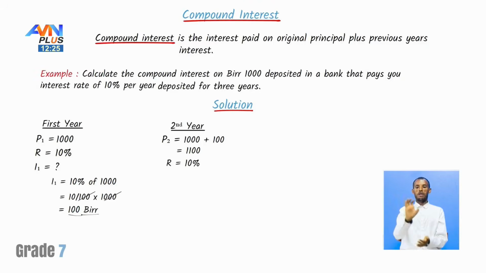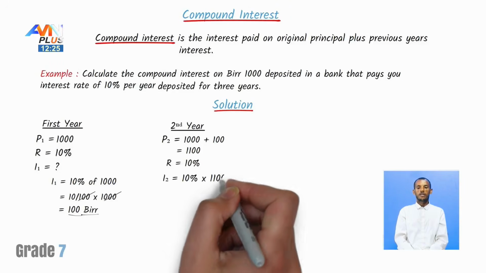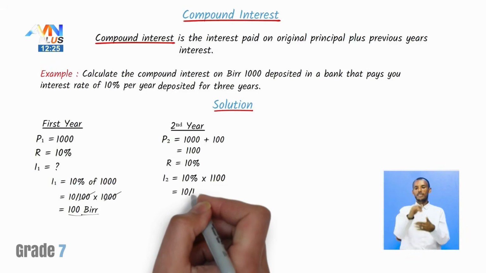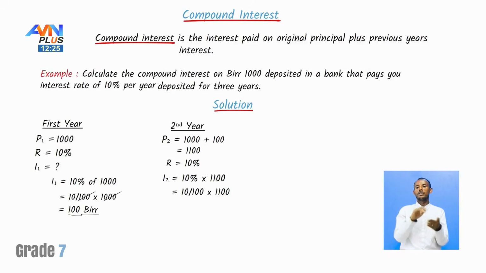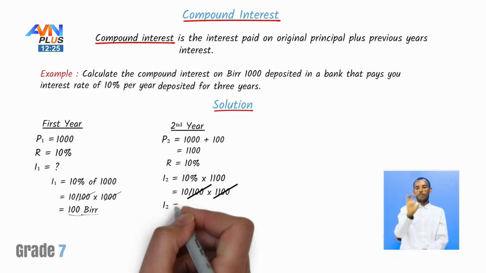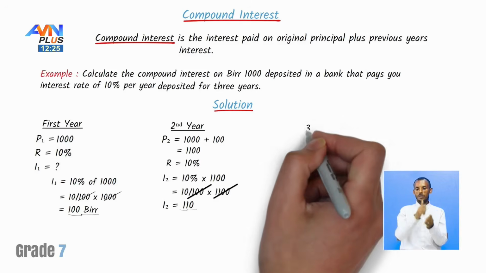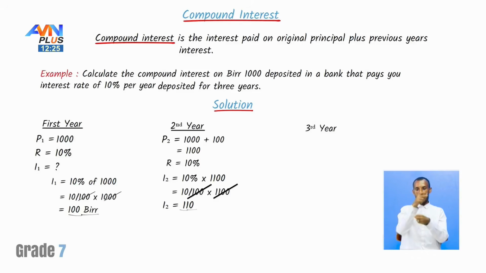This is the money that gives you an interest for the second year. The rate is the same, 10%. The interest for the second year will be 10% of this principal, 1,100. So here, 10% is 10 over 100 times 1,100. These two zeros cancel out, 11 times 10 is 110. This will be the interest for the second year.